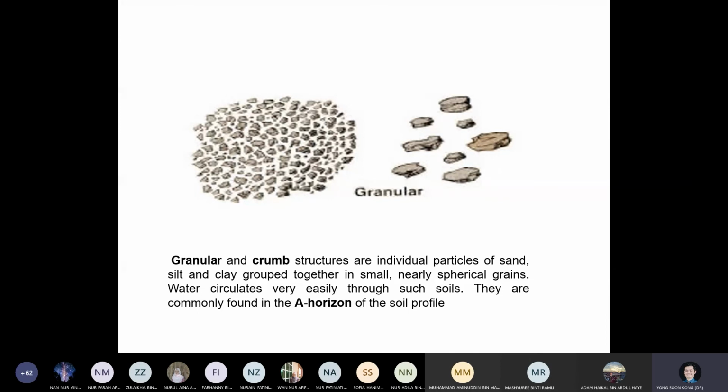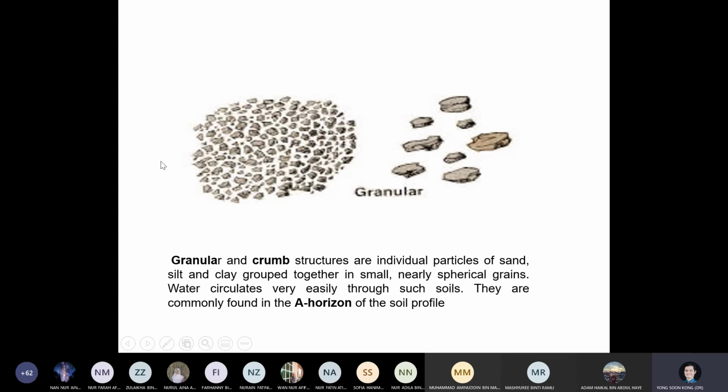Definitely the O horizon has a lot of organic matter. And the A horizon is the layer of soil that has a mineral phase and possibly the second highest organic content, due to the weathering process and also what it receives from the O horizon above.